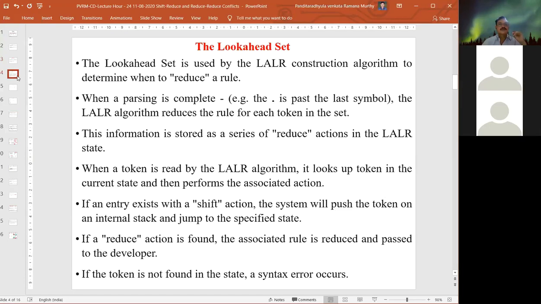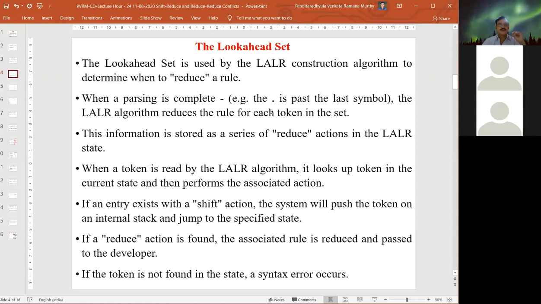Right. For example, here we are taking LALR. We are taking a lookahead set for the algorithm to determine when to reduce or when to shift. When the parsing is complete, that is, it finishes the last symbol, LALR reduces the rule for each token in the set.